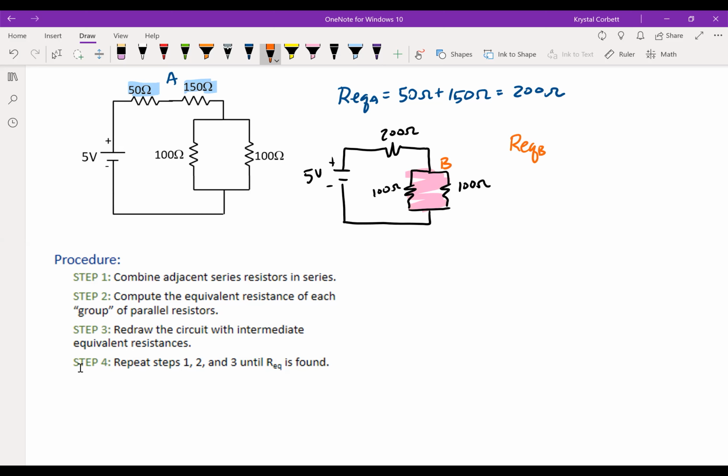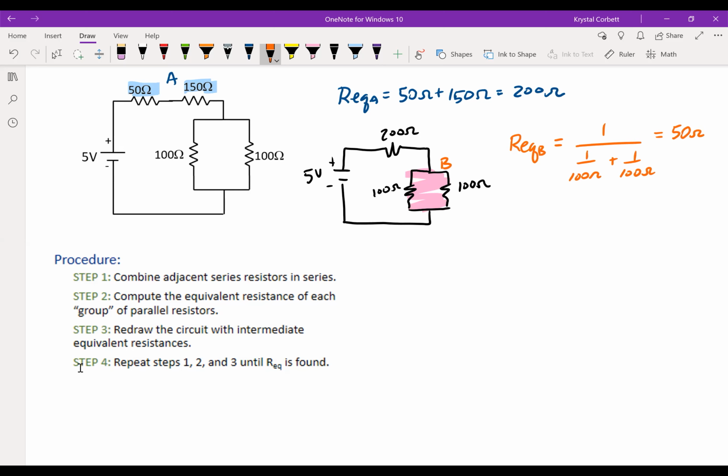So my algorithm is first find series resistors, then redraw the circuit, then compute any parallel resistors. So these are in parallel, so I'm going to do 1 over 100 ohms plus 1 over 100 ohms. And when I combine those together, plug it into my calculator, I get 50 ohms.